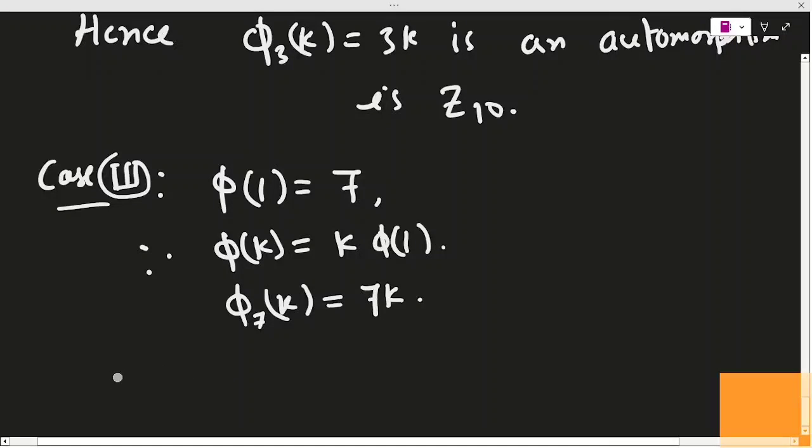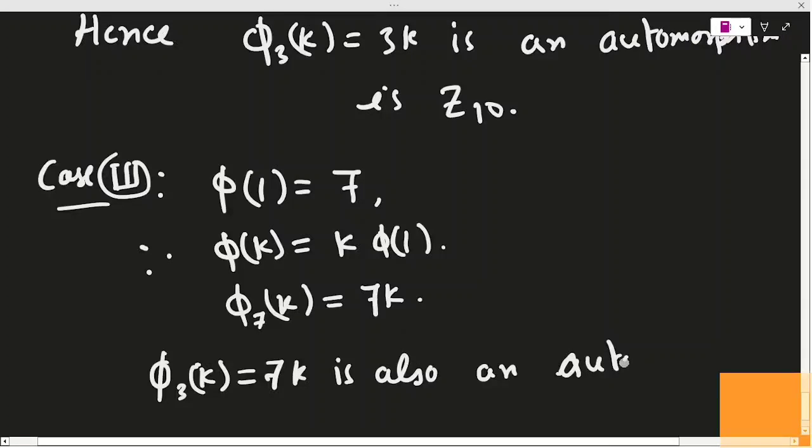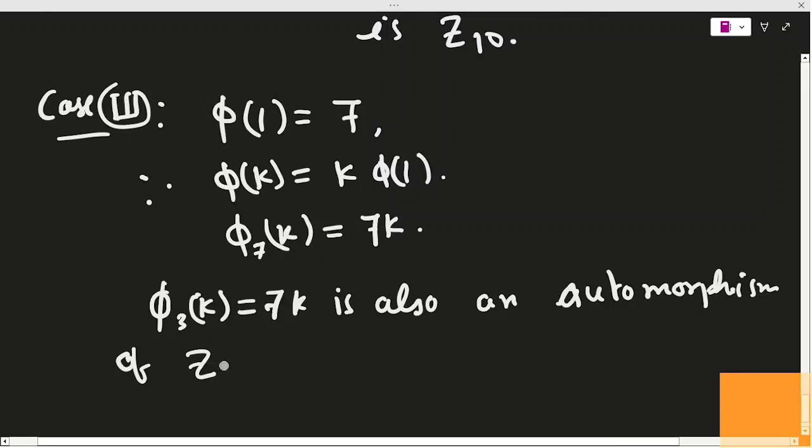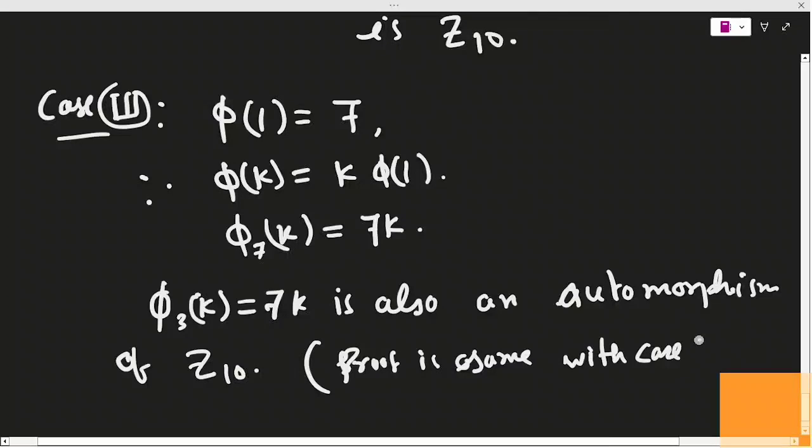Like that, phi 3 of k is equal to 7k is also an automorphism of Z10. Write in brackets: proof is same as case 2. The proof we did in case 2 that phi 3 of k is an automorphism, a similar proof will be taken here for phi 7 of k equal to 7k.